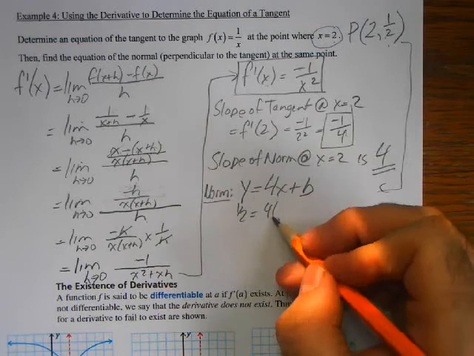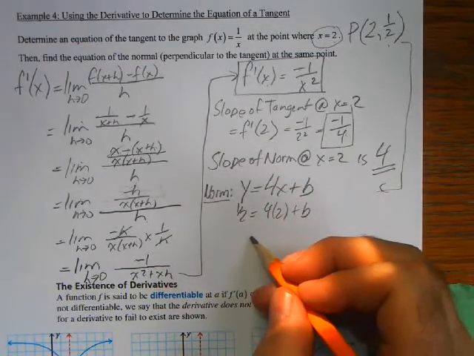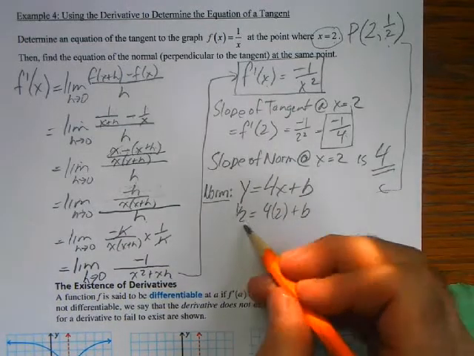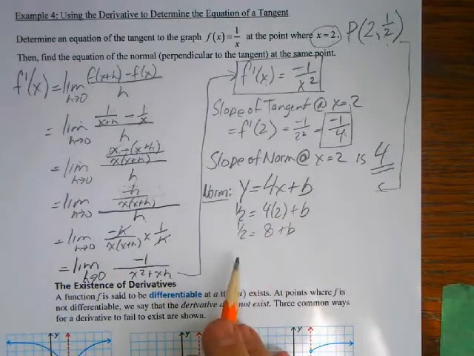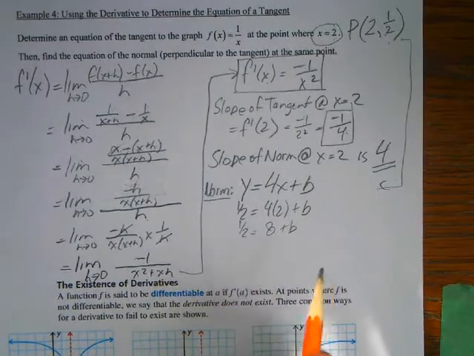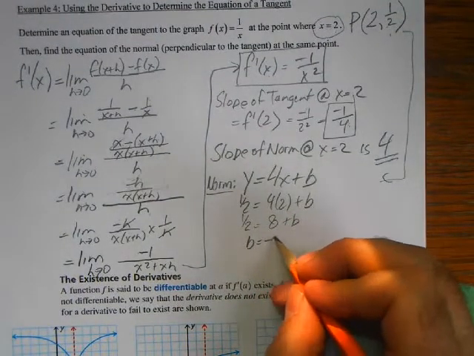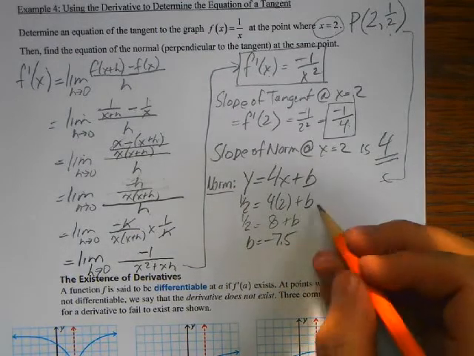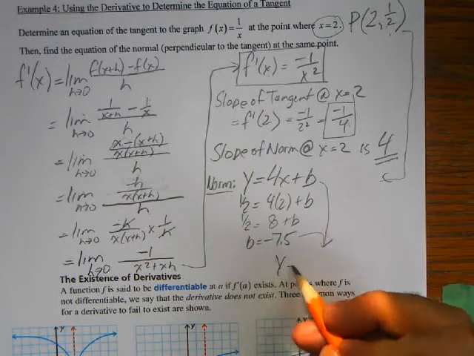So this works out. So that's 1/2 is equal to 8 plus b. So b is equal to -8 plus 1/2. So that's going to be -7.5 or -15/2. And now we just use our original equation. y equals 4x plus b, so b is -7.5.